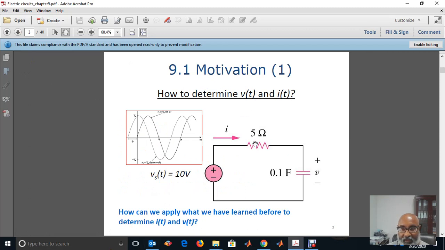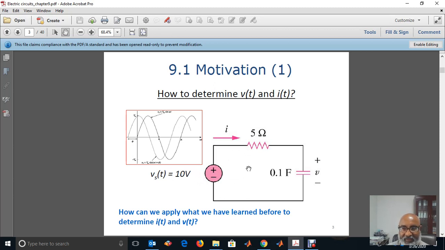Okay, as I said earlier, for example, if I have a DC circuit, here a resistor and capacitor, in the previous chapters we tried to find the transient response, the steady state response, and so on. But now, what if the source changes from DC to AC?